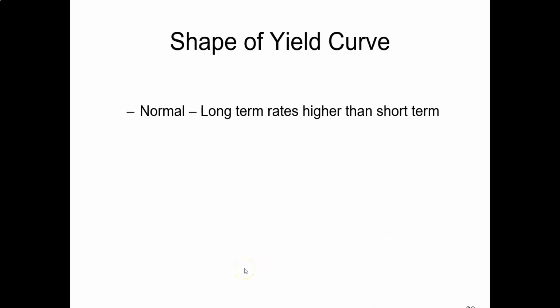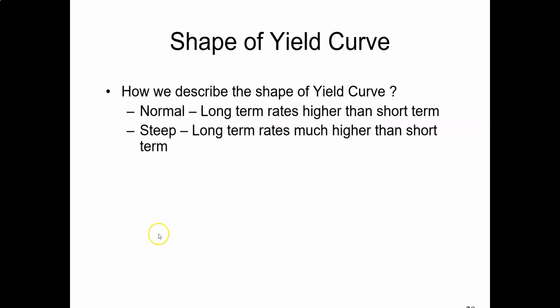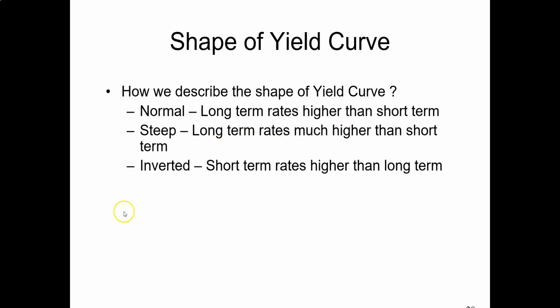Now I want to introduce the description of shape of yield curve. If we say the shape of yield curve is normal, we are talking about the long-term interest rate higher than the short-term interest rate. If we say the shape of yield curve is steep, then we are saying that the long-term interest rate is much higher than the short-term interest rate.